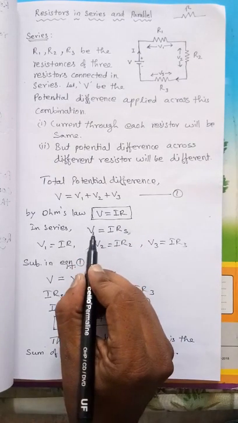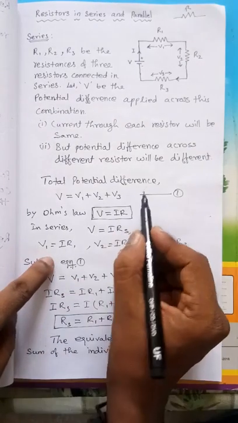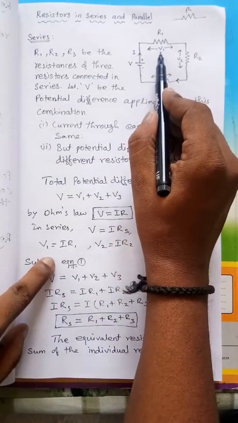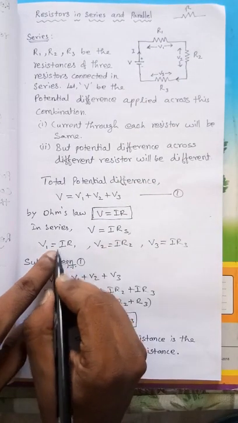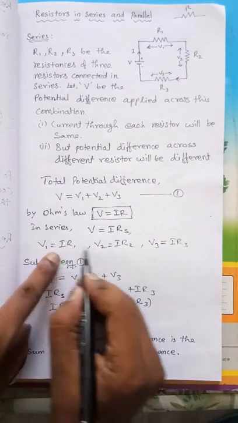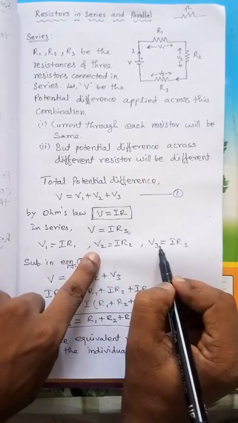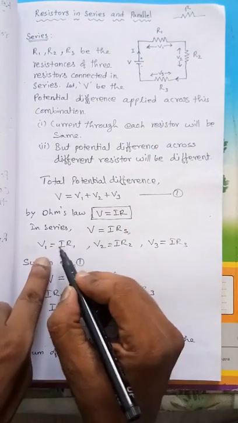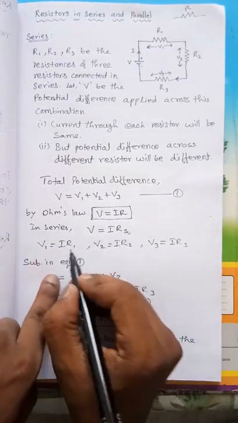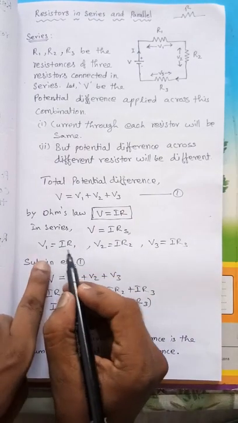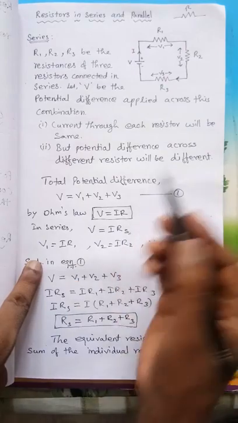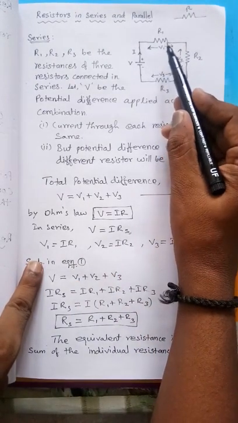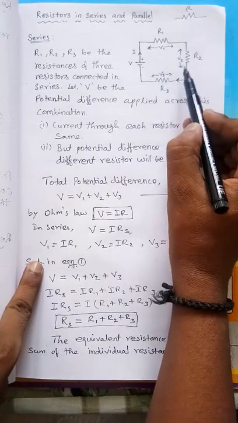To find V1, V1 means I R1. The I does not change, so no need to put a subscript. V2 means I R2, V3 means I R3. Because I does not change, there is no 1, 2, 3 on it, but R1, R2, R3 are different resistors, and V1, V2, V3 are the potential differences across each resistor.